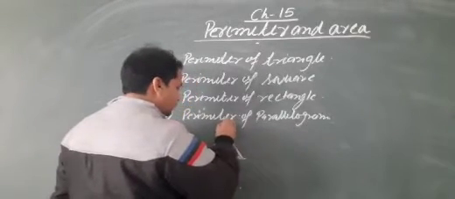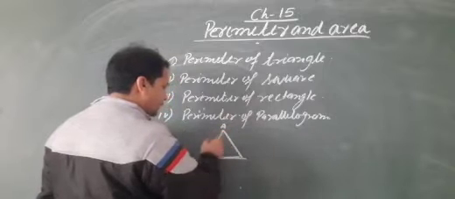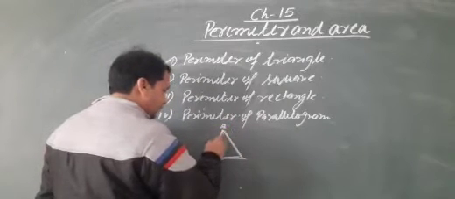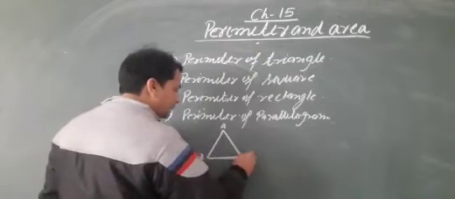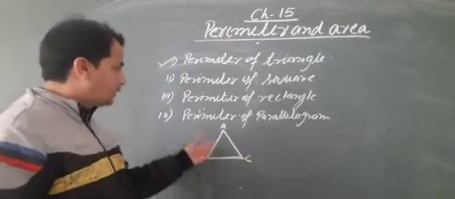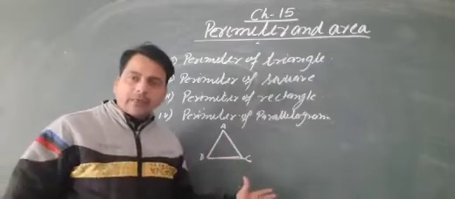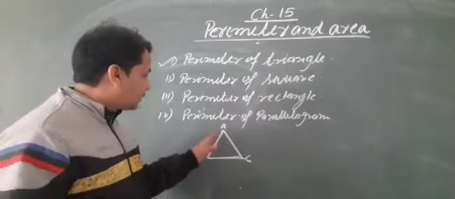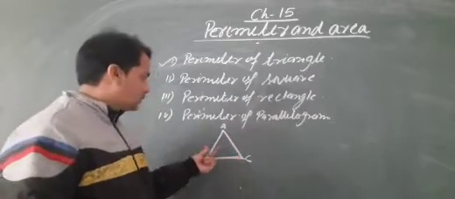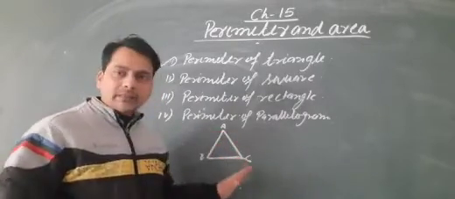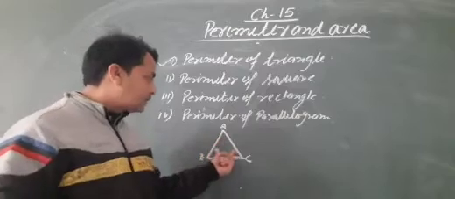It has three sides, so the perimeter of a triangle is the sum of all sides.